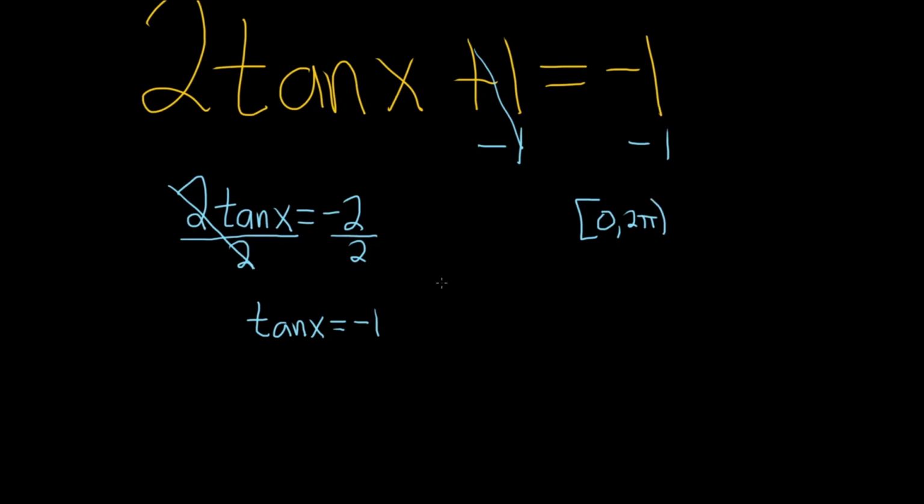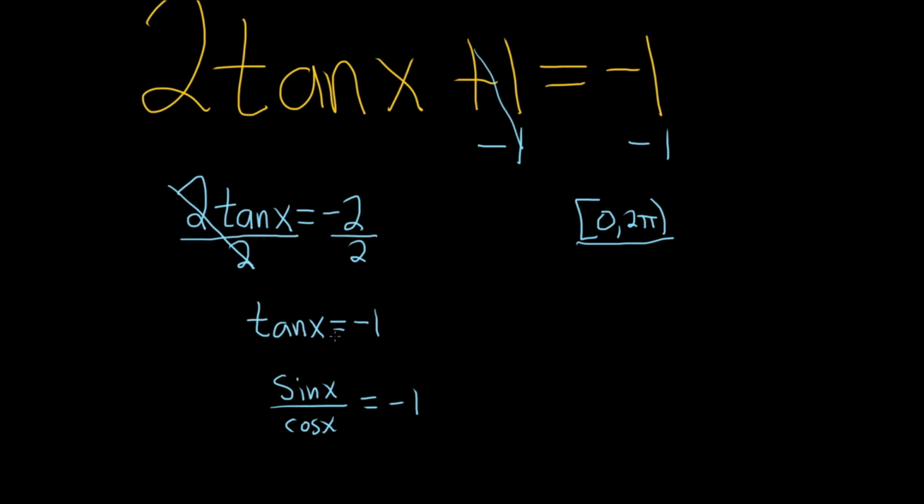So we're looking for all of the values of x in this interval here, such that tangent of x is equal to negative 1. So if you don't have stuff memorized, it's okay. As long as you remember that it's sine over cosine, and that's equal to negative 1. From this, you should be able to do it using some stuff about sine and cosine.